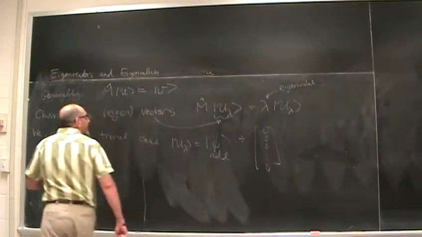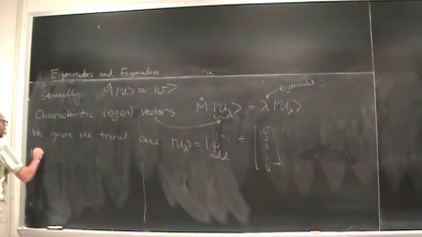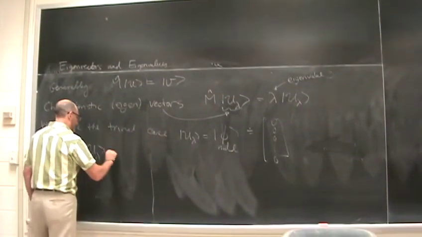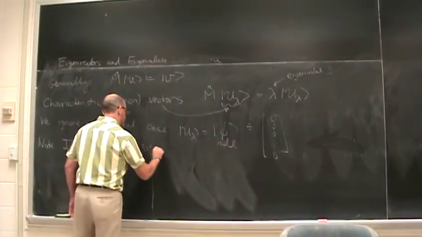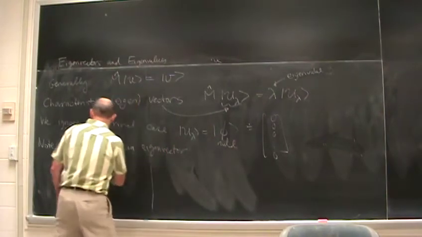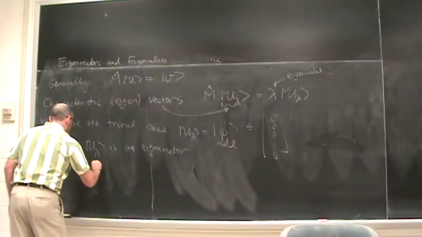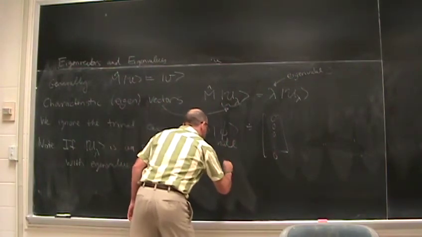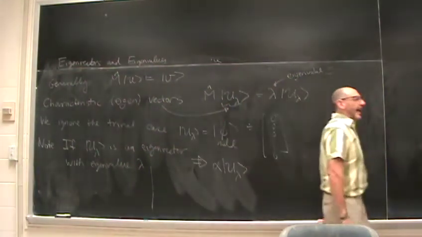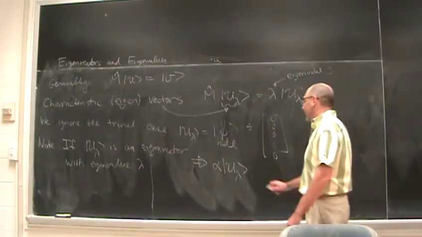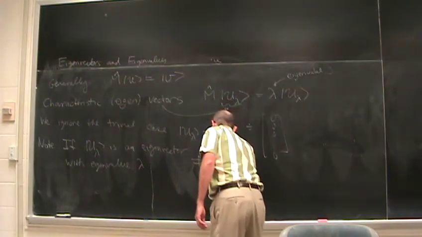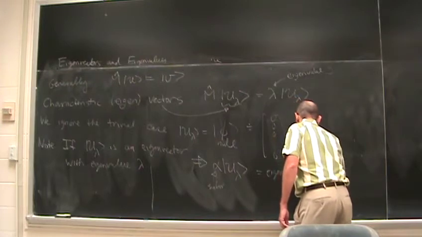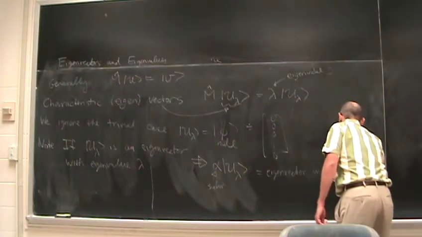Another thing to note is that if this is an eigenvector with eigenvalue lambda, then I can scale that vector by any scalar, and this is also an eigenvector with the same eigenvalue.